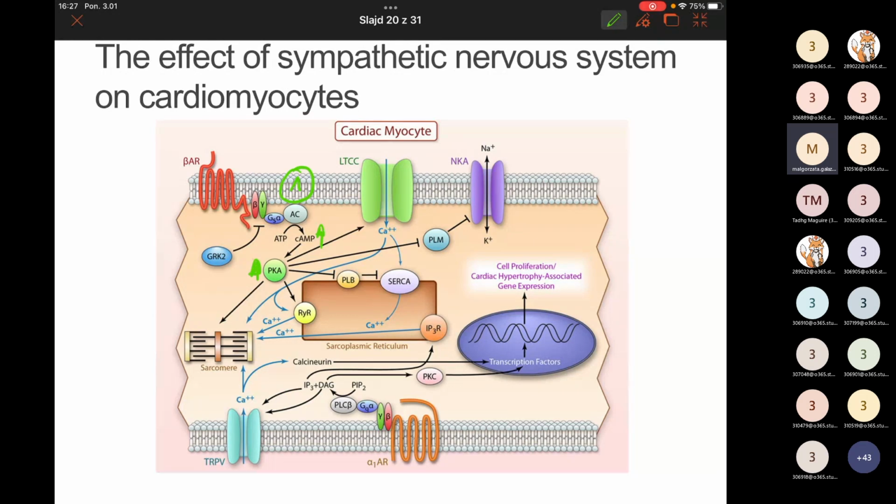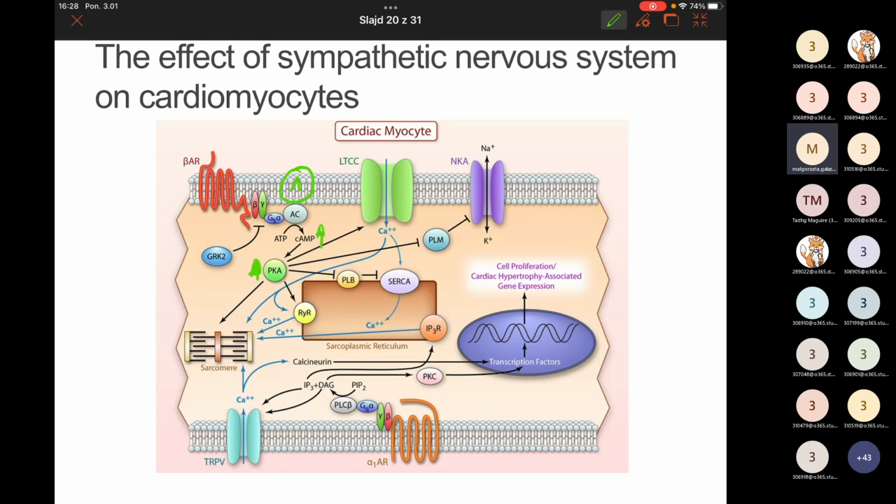So the activity of protein kinase A increases. And now protein kinase A phosphorylates different proteins. The protein kinase A phosphorylates L-type calcium channels, prolonging the opening of the channel and increasing the calcium current into the cell.